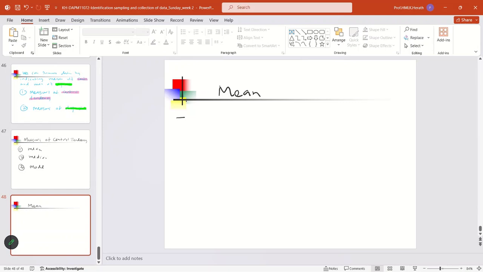So we talk about two things. First, population mean, for which we use the symbol mu.